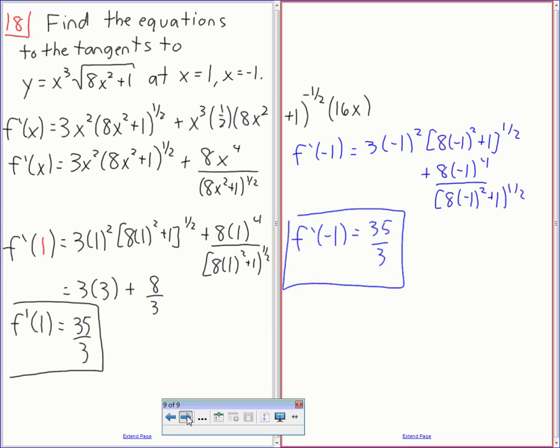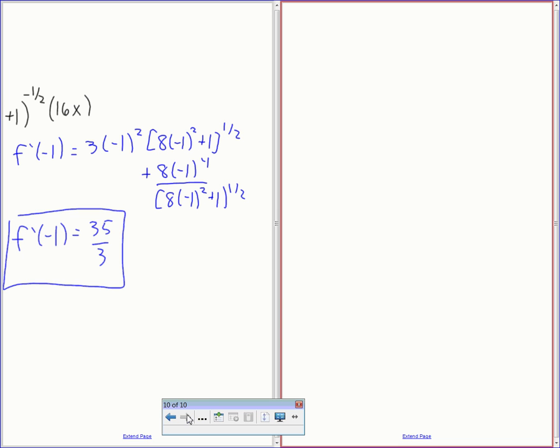Okay, number 20 says, find d squared y over dx squared. The problem was that the question wasn't written that neatly, and I just typed it out of the textbook.